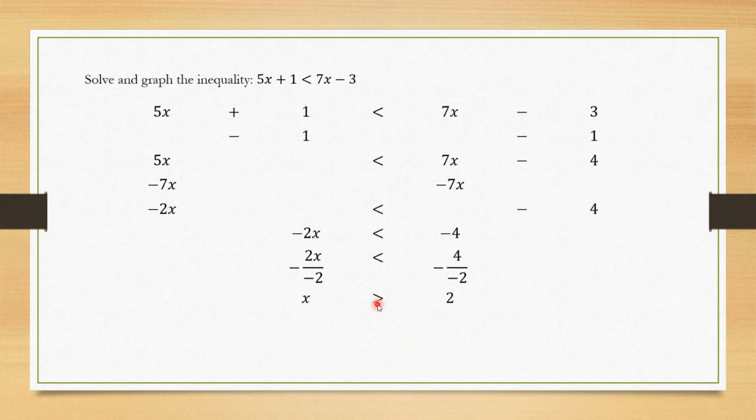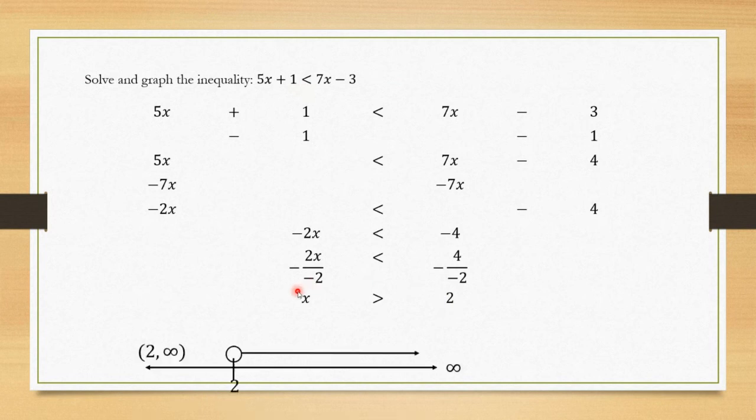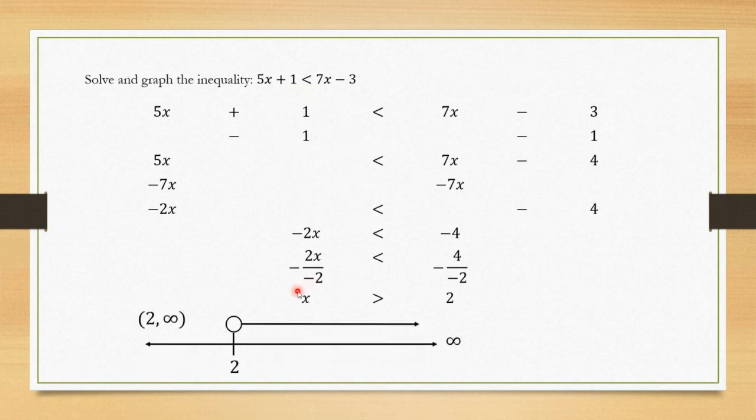So in this case, this inequality is equivalent, that is, it has the same solution set as this one. And this one we know how to solve easily. It's just all numbers greater than 2. Graphing it, it looks like this. Notice also that we're not including 2, so I have an open circle above it.